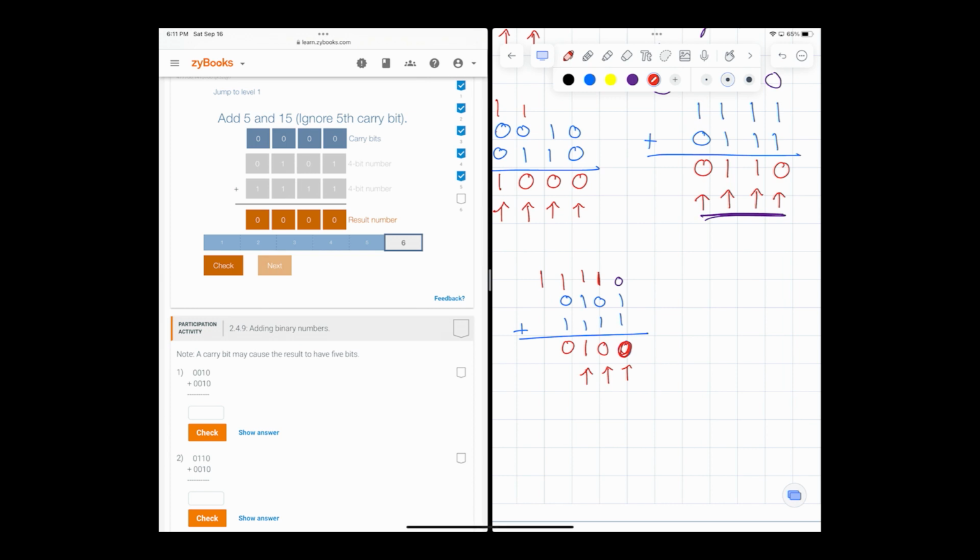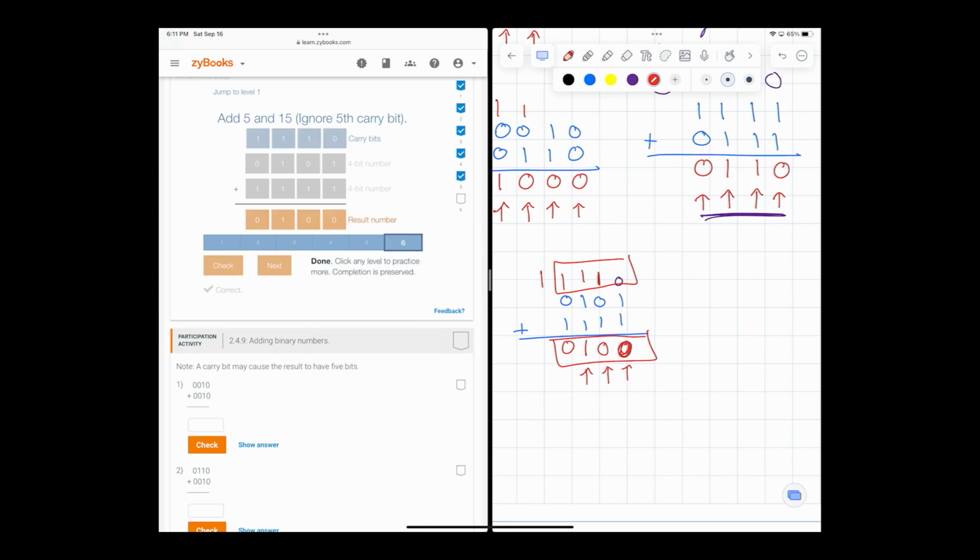And so what you need to fill in are these 4 and these 4, just like the previous example. So we got 0, 1, 0, 0 on the bottom and 1, 1, 1, 0 on the top. Okay, so that's what's going on.